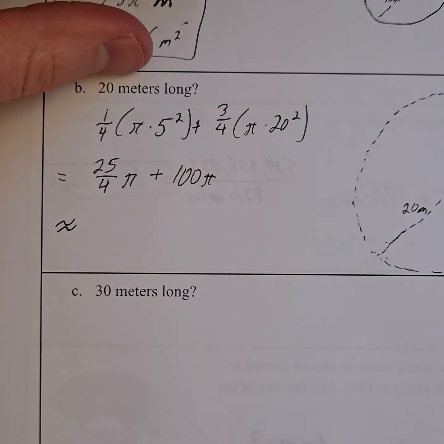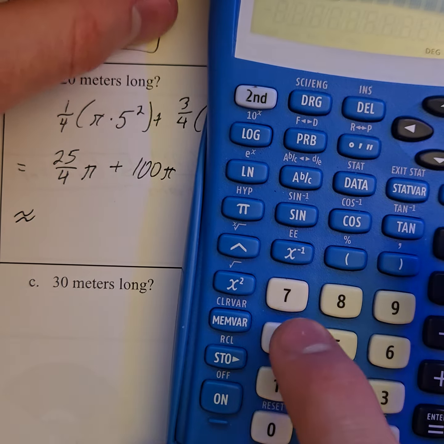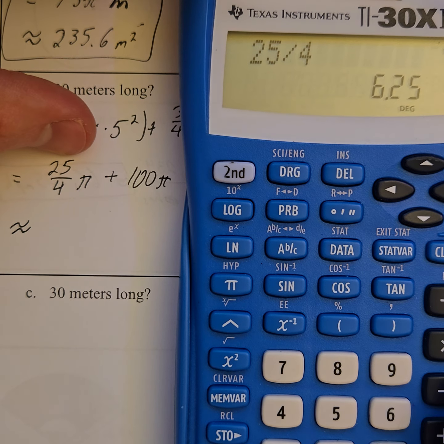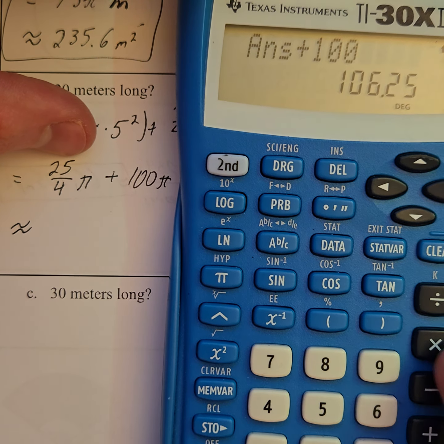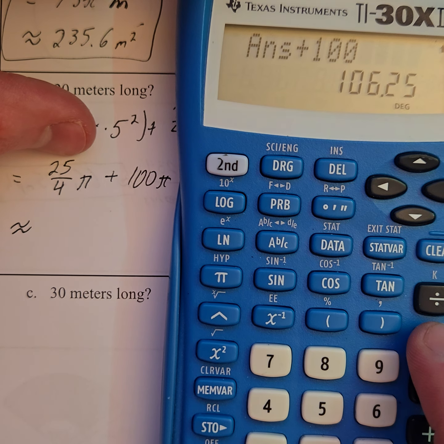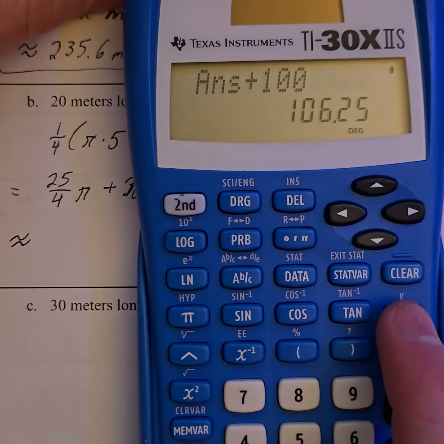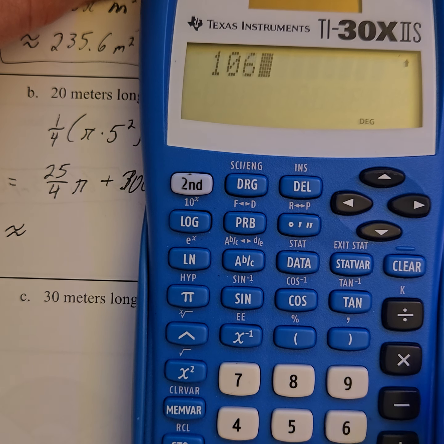Let's just go straight to the decimal answer. So if we did 25 divided by 4, that's 6.25, plus 300. Sorry, that should be 300 there. So that's 306.25.